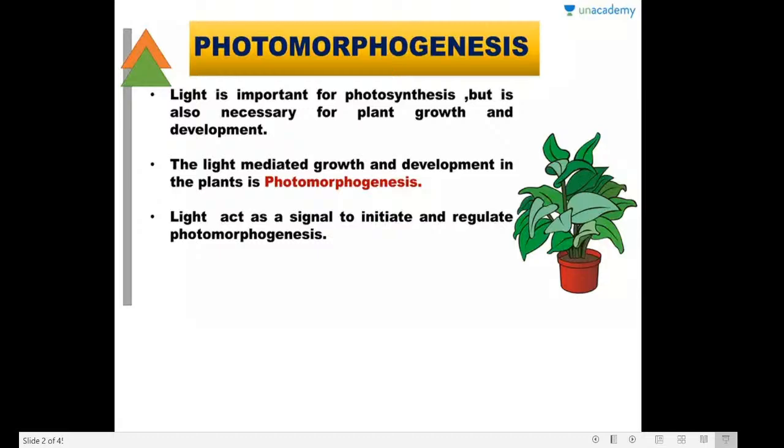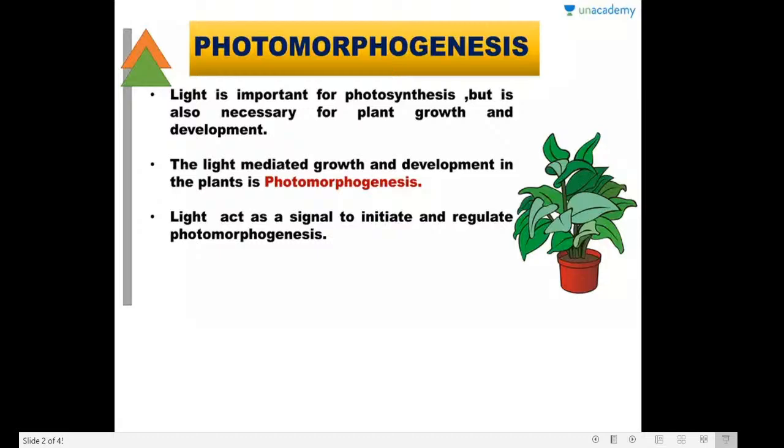Then another part is phytochemical synthesis. Plants produce secondary metabolites, and these secondary metabolites are called phytochemicals. How they are produced in the plant, we are also going to discuss in today's class. Then another one is stress. What kinds of stresses are there in a plant?